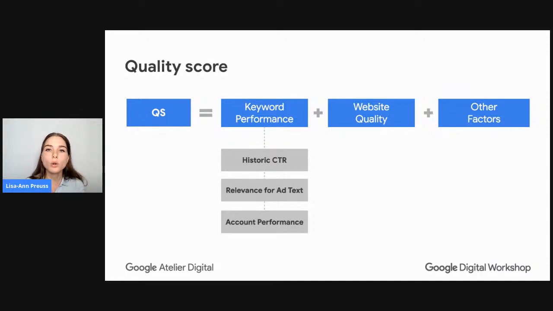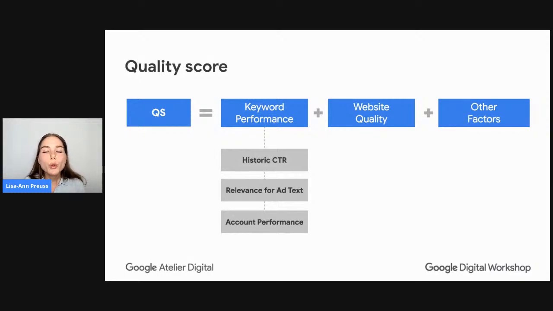Now, since the quality score is given to each keyword, it's so important for that keyword to have a high click-through rate, because this plays an important role in determining its quality score. It's important for it to be very relevant for the ad text. In other words, what you want to do if you're bidding on a certain keyword is have that keyword also be in your ad text.